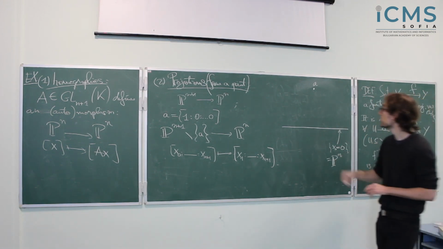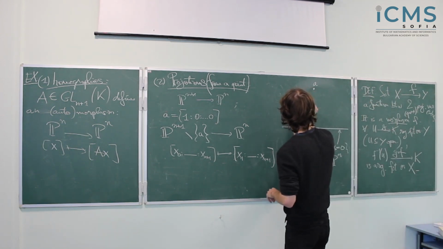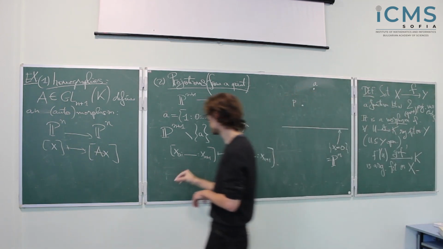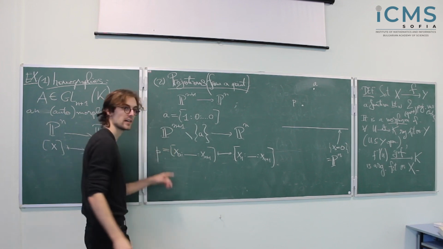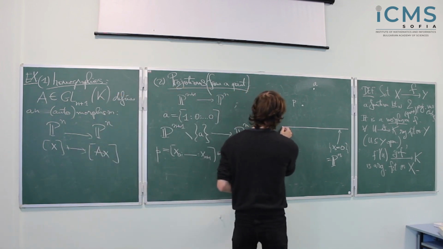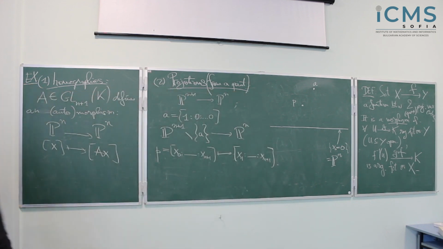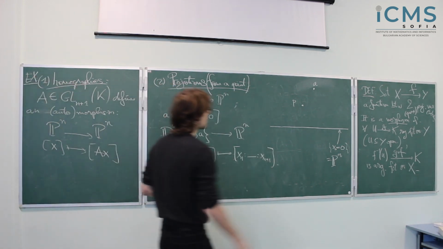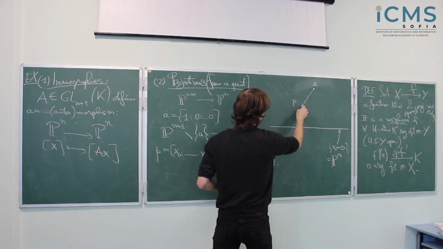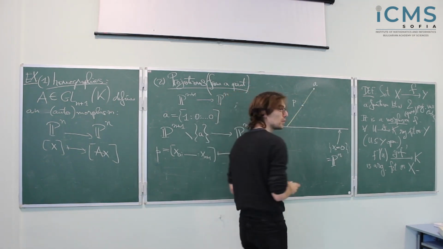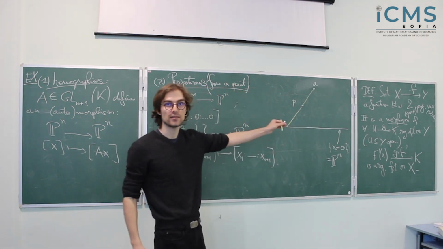So if I have a point here, let's say point P, the way I can find its projection is very nice. I draw a line between A and P. It will necessarily intersect the points at infinity.